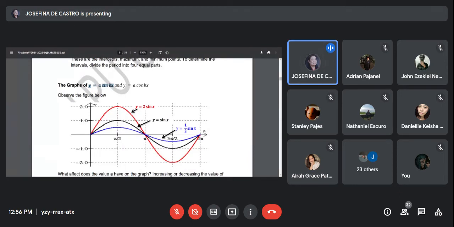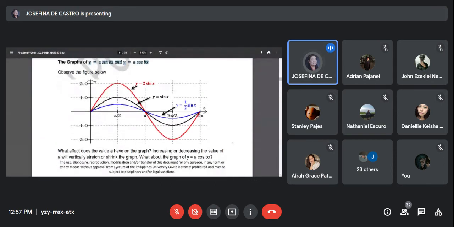Y is equal to A cosine BX. Ano ngayon ang ibig sabihin ng A and B? Yun ang aalamin natin. Okay, let's start with the A.